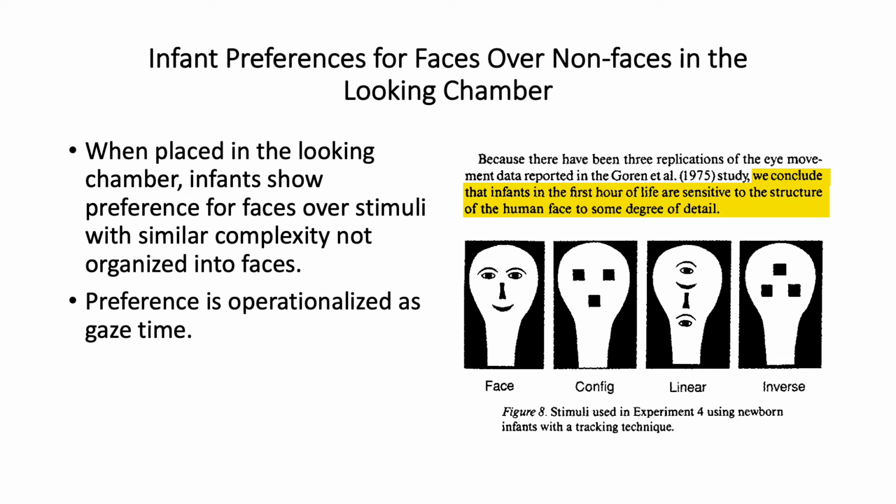As you can see here, there are four stimuli, and one of them is a prototype face. What they found in the looking chamber was that infants prefer patterns organized as faces, even when they're the same complexity as non-faces. The gaze time for faces is longer than for random stimuli.